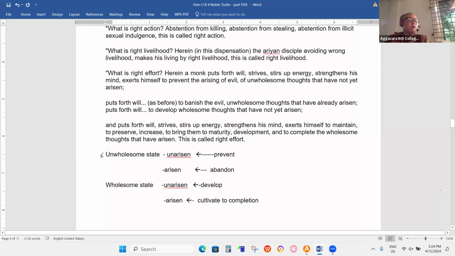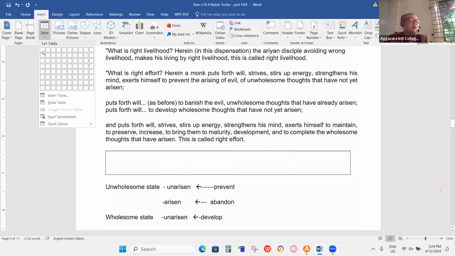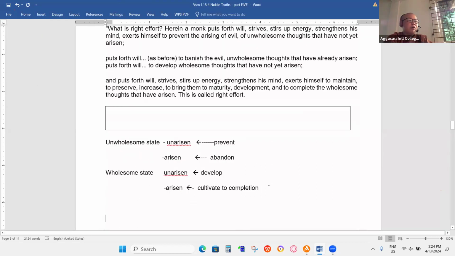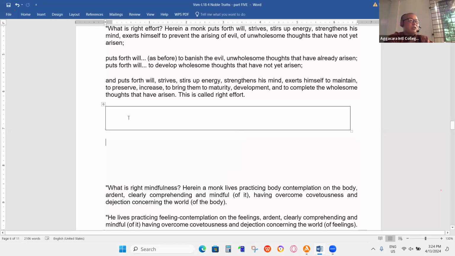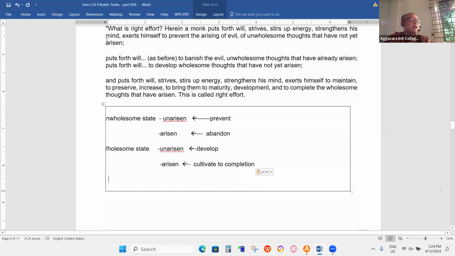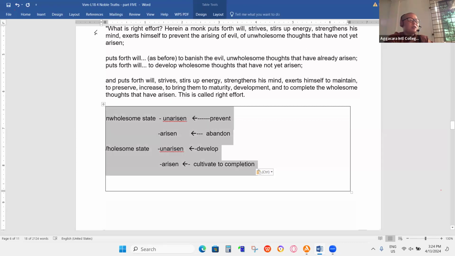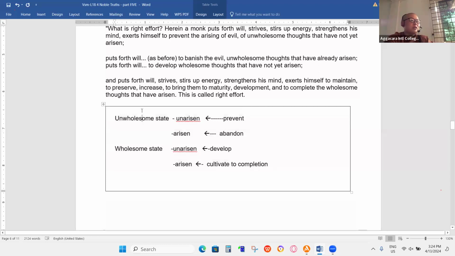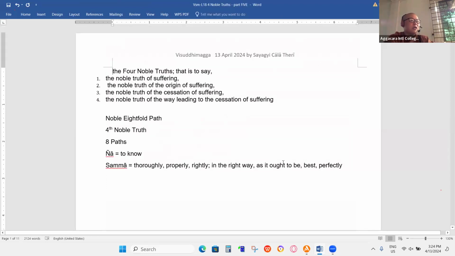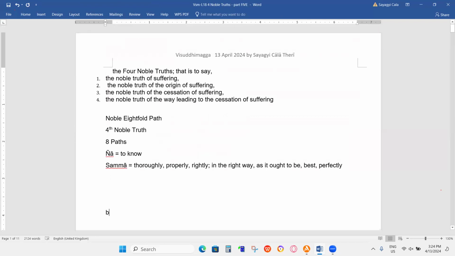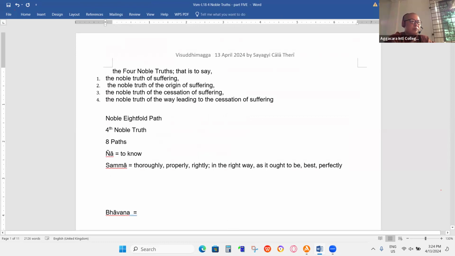This also applies to any of your meditation, not just meditation, even in your daily life. When we talk about meditation, for those who are very new, what is the Pali word for meditation? Bhavana. Bhavana comes from the Pali word bhaveti.